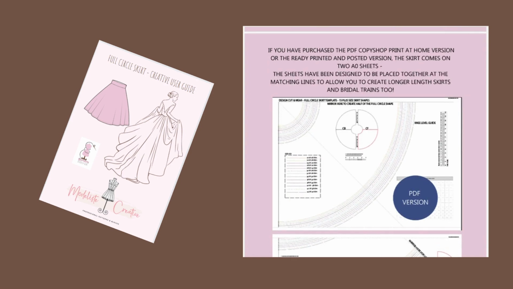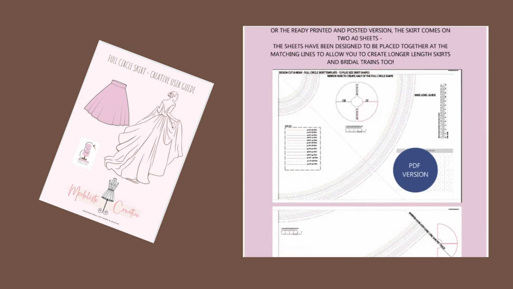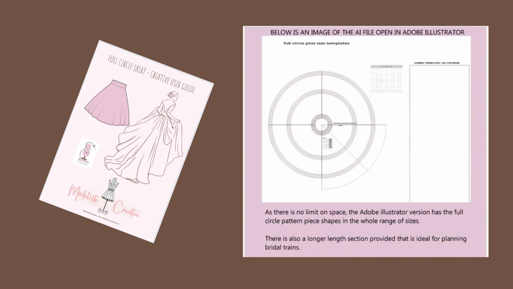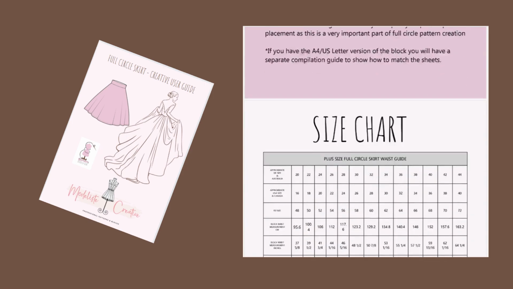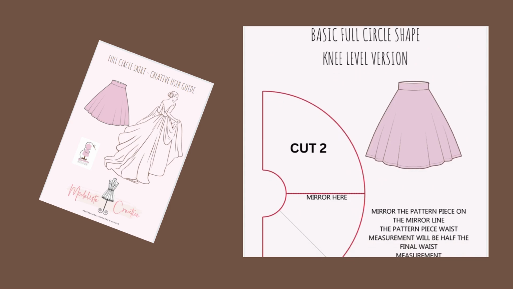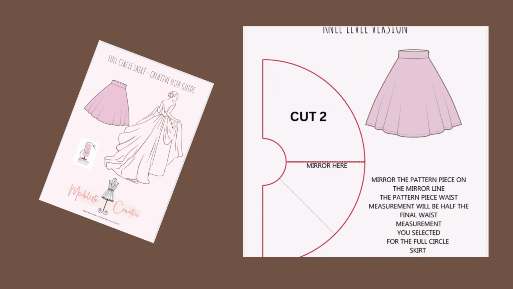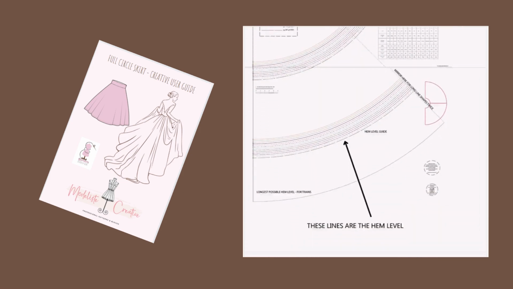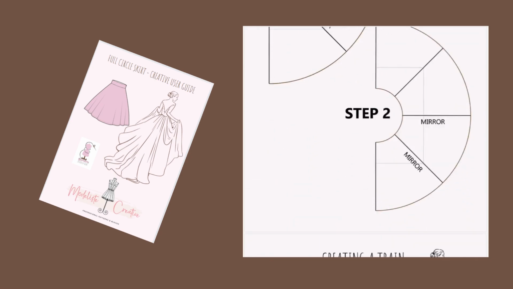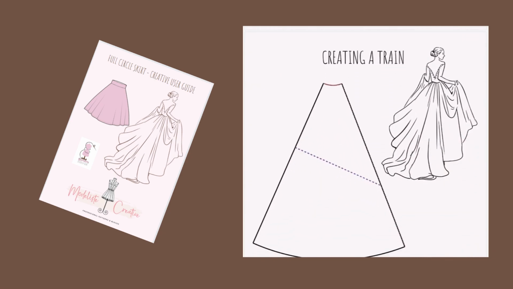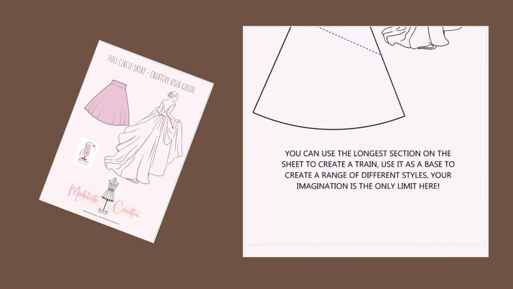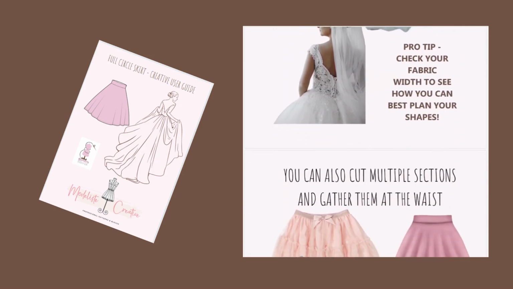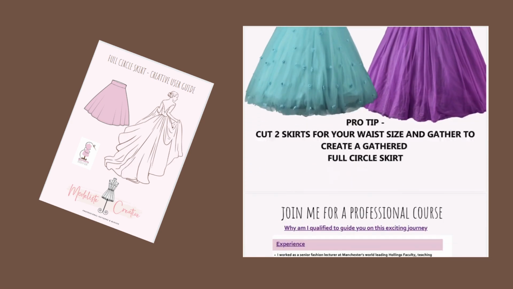Here's just a sheet to show you, if you've purchased the PDF version, how to fix those sheets together and how they work, and an idea of how the AI file looks when you open it, a size chart, and how to cut your pattern pieces, mirror them, etc., and how to work with them, and just some more guidance there, and step-by-step instructions on that, just taking a look at creating a train, and just some more creative inspiration on how you can develop your full circle skirt.